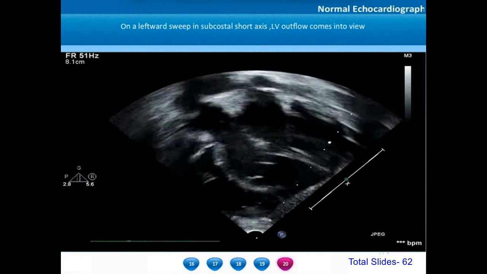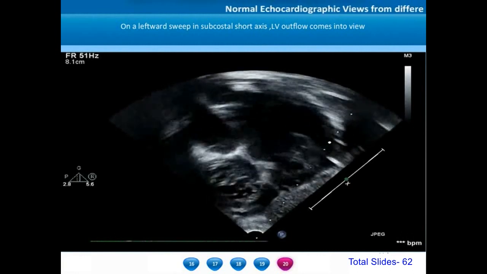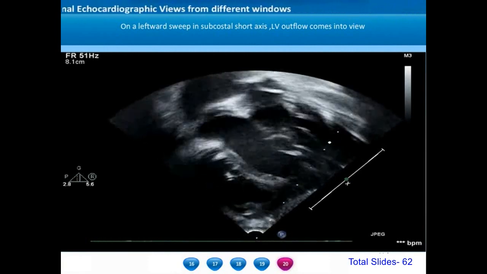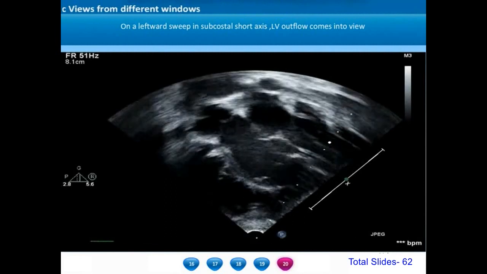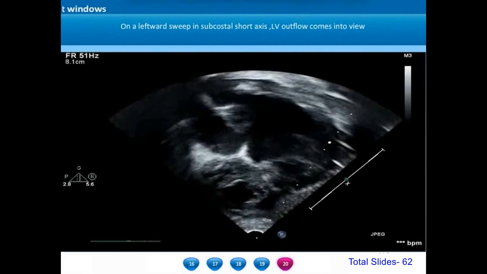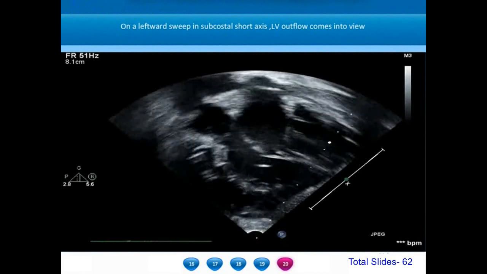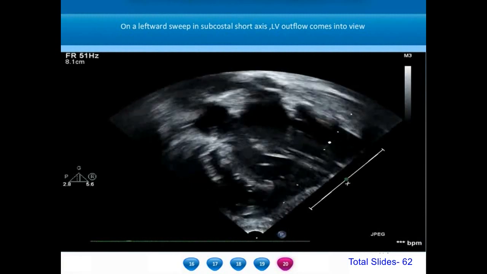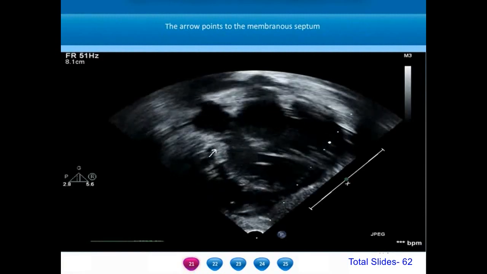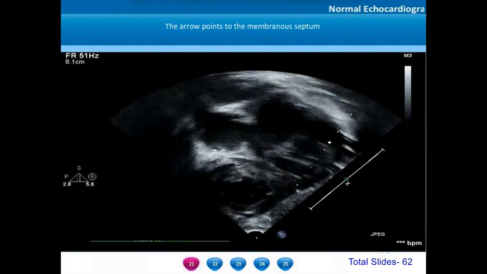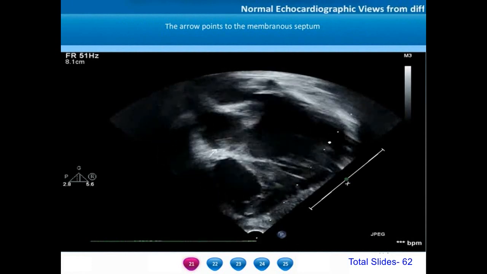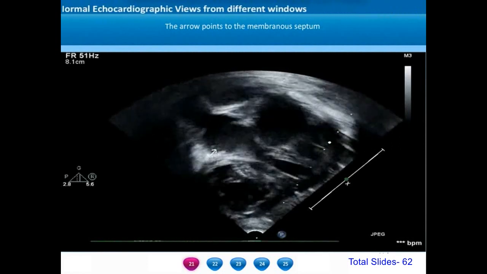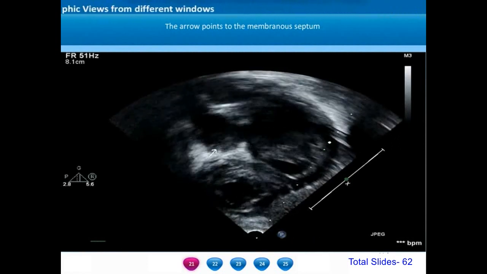From the plane of the atria, if we sweep further to the left in the same sagittal plane, we will start appreciating the ventricles. We will first appreciate the left ventricular outflow, where the left ventricle continues through the aortic valve into the ascending aorta. When we visualize the left ventricular outflow tract, where the aortic valve leaflets are seen, a small area of the membranous septum is visualized.